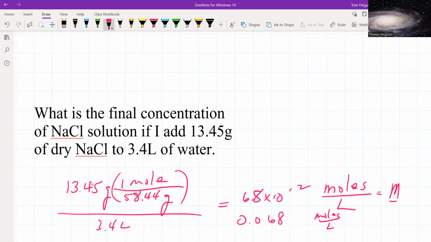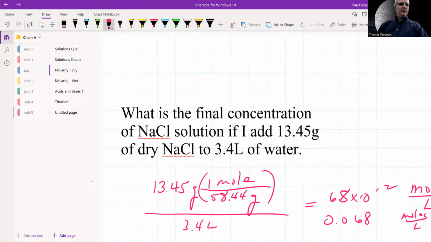Okay, so I put a bunch of worksheets in Canvas under files. Practice this. Now, what I want to do is give you a flavor for the wet side of things.